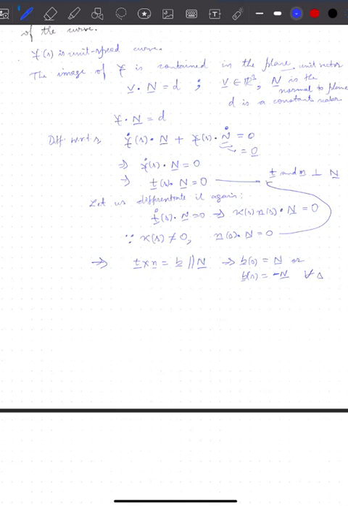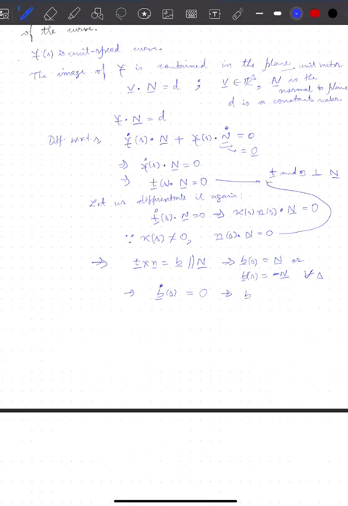This is for all s. Either of the two we can have. So this implies that b dot of s is equal to 0.